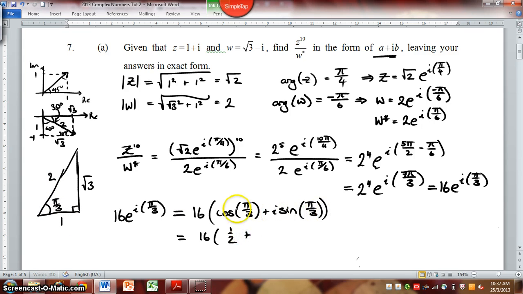Plus, and what's i sine pi over 3? That would be root 3 over 2, so i root 3 over 2. And so you can see here that our final answer is going to be 8 plus i times 8 root 3. And that's the answer to part A.